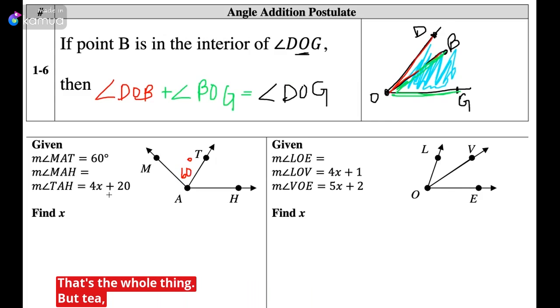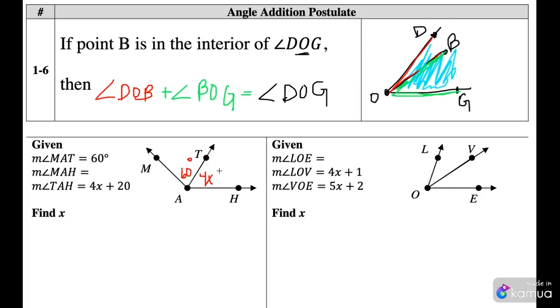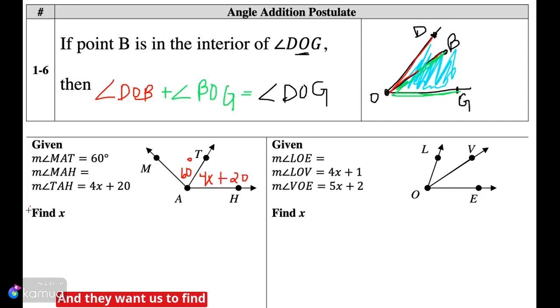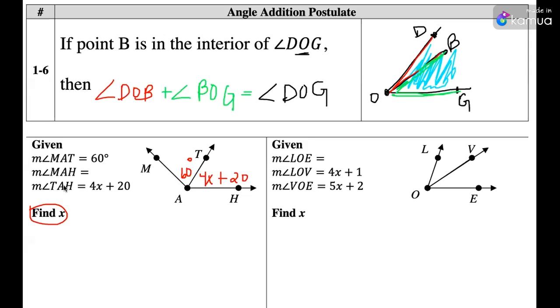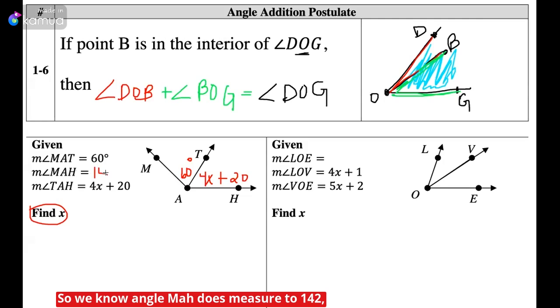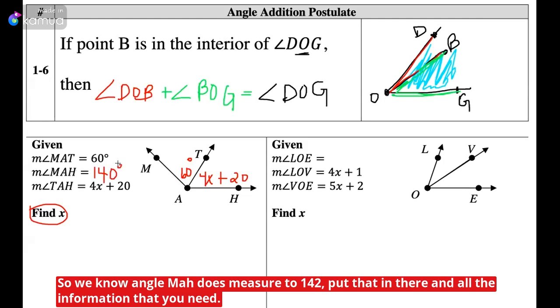But TAH is 4x plus 20. And they want us to find x. So we know angle MAH does measure 140. Make sure you put that in there and all the information that you need.